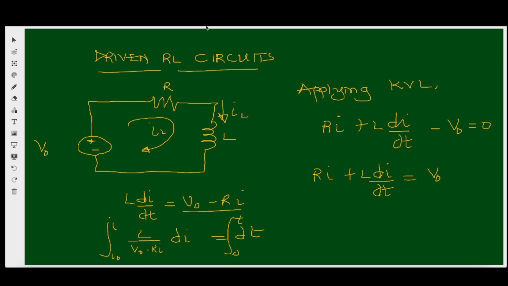So that gives us minus L over R, because we have L on top before, and when we integrate something like that in the denominator, usually it turns to a logarithmic equation, ln V naught minus Ri.